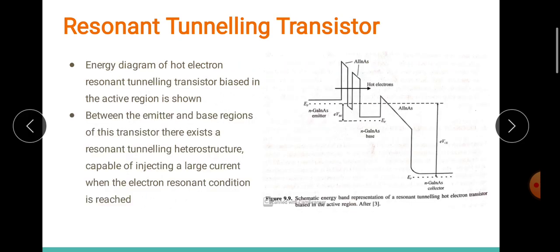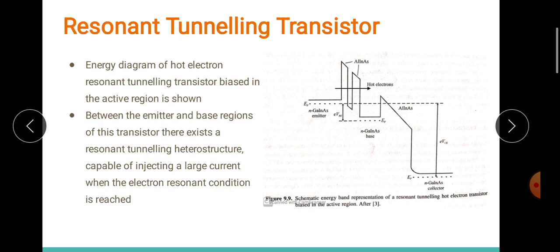Okay. We can also see the band diagram of the transistor, where we have added an RTD with a hot electron transistor in the active region.